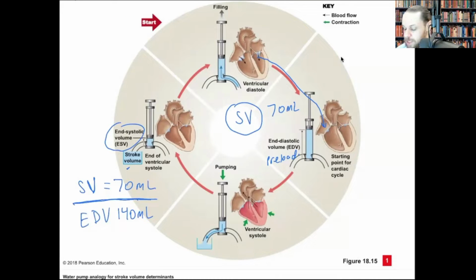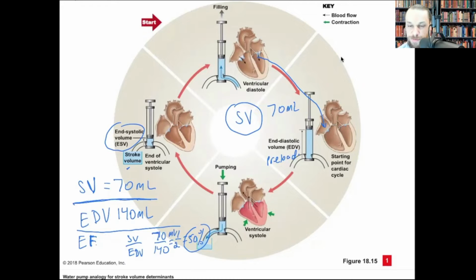Something else we can do is calculate the ejection fraction, which is stroke volume over end diastolic volume. If you do 70 divided by 140, you get about 1/2, or 50%. So your ejection fraction is about 50% if it ejects 70 ml of blood.